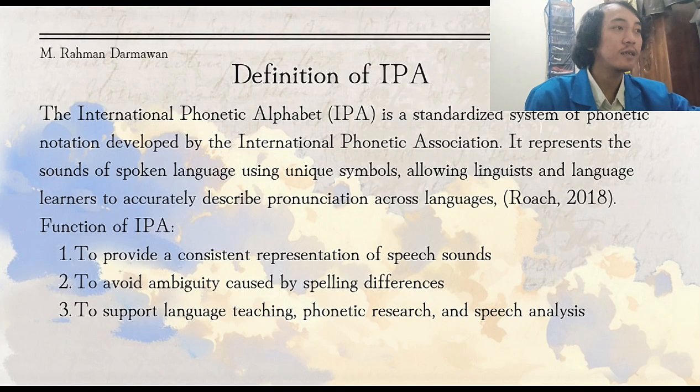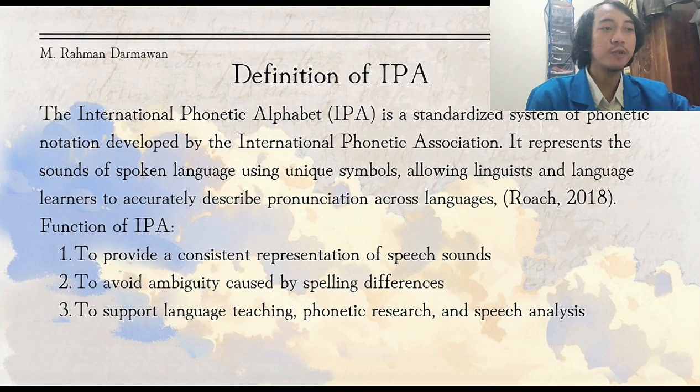This explanation follows Roach, 2018. And for the function of IPA: 1. To provide a consistent representation of speech sounds. 2. To avoid ambiguity caused by spelling differences. And 3.